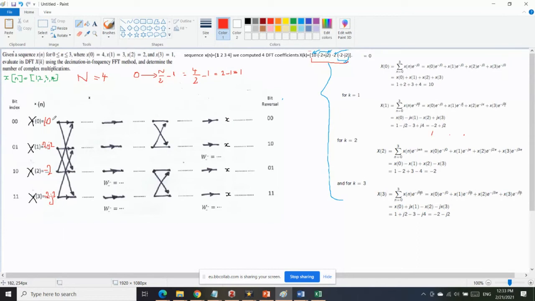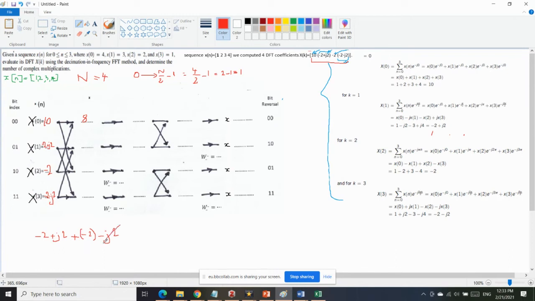So اول شيء بنسويه نشتغل على اذا اوكي so this 10 plus minus 2 تطلع 8. And this one is minus 2 plus j2, so it's minus 2 plus j2 plus minus 2 minus j2.